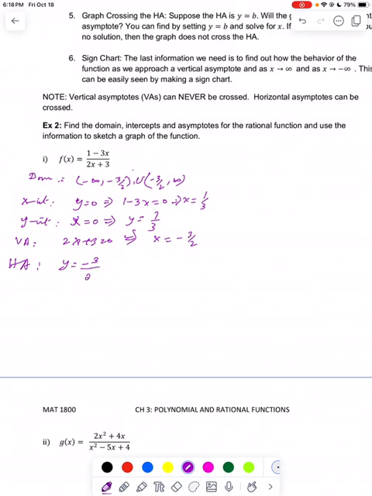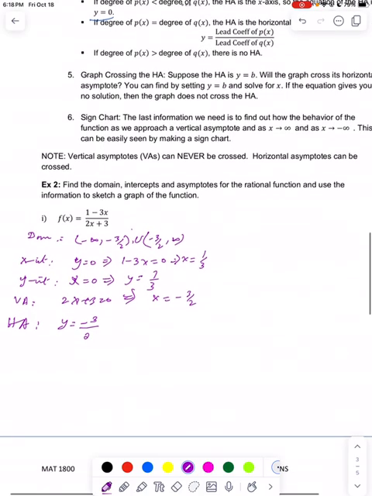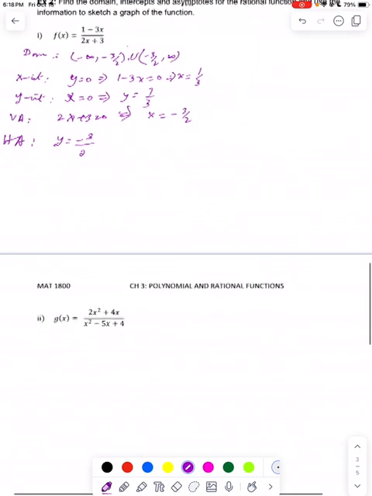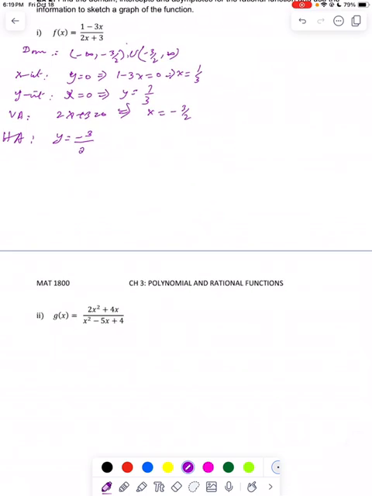Okay, so next thing we check is whether the graph will cross the horizontal asymptote or not. So we take our function value and set it equal to the horizontal asymptote, which is -3/2, and try to see if we get a solution.